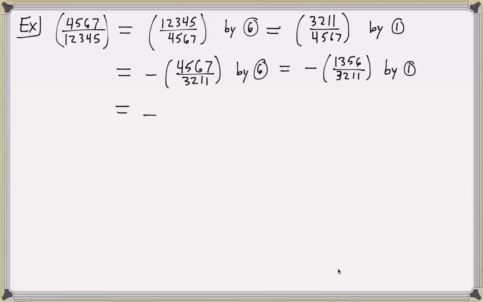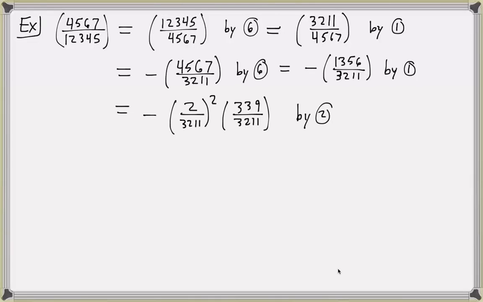So this will equal the negative of 2 over 3,211, quantity squared, the Jacobi symbol squared, times 339 over 3,211.